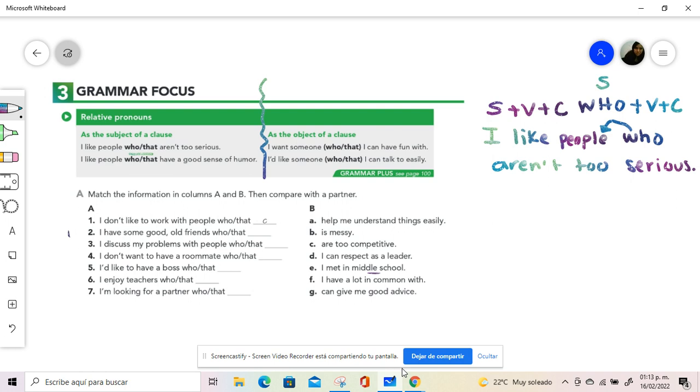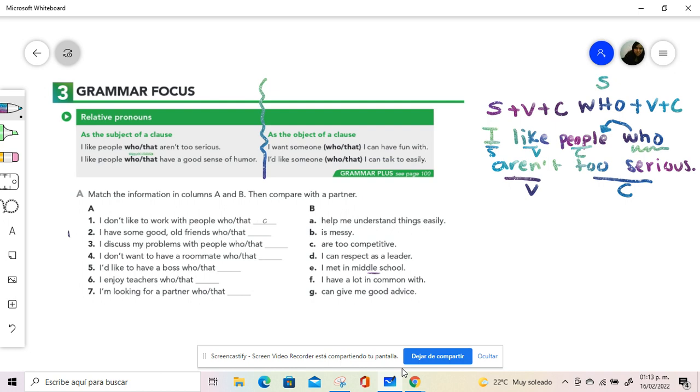It means that who is working as the subject, then I have verb and I have complement. Two complete clauses, subject, verb, complement, and they are related by this pronoun referring to the previous object, not to the subject.